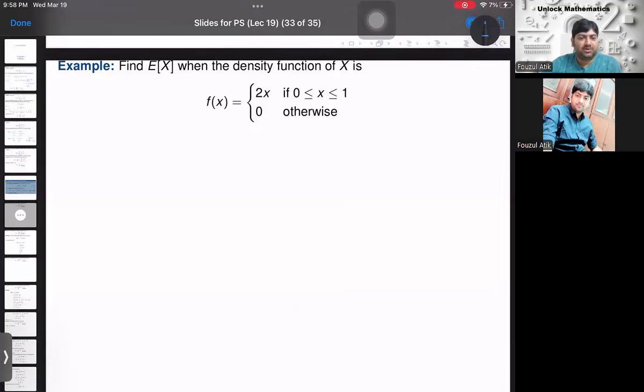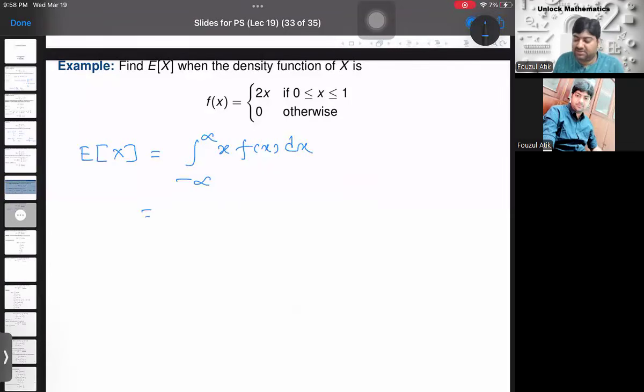See, for this example, the probability density function is given for the continuous random variable x: f(x) equals 2x between 0 and 1, equal to 0 otherwise. What is the expectation? Just a simple integration. Expectation of x is equal to minus infinity to infinity x f(x) dx.